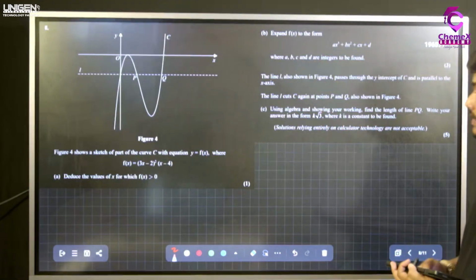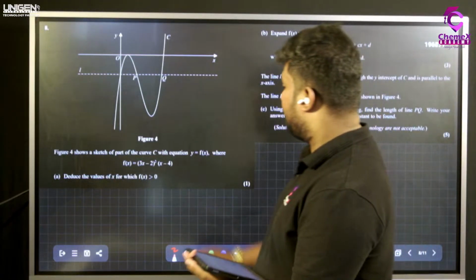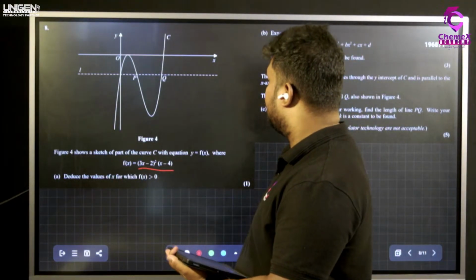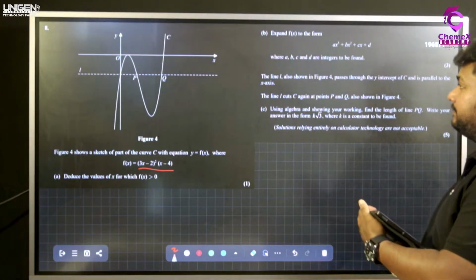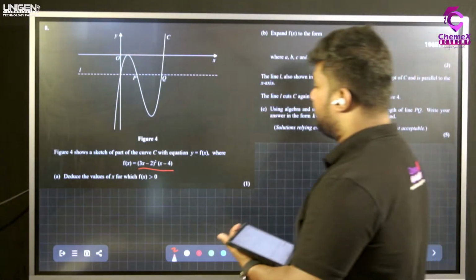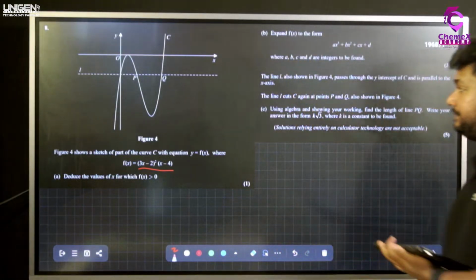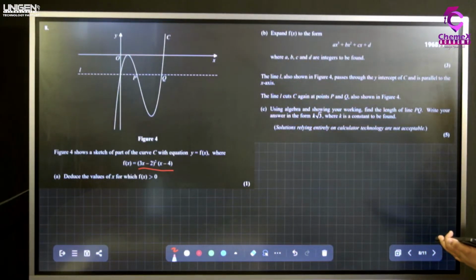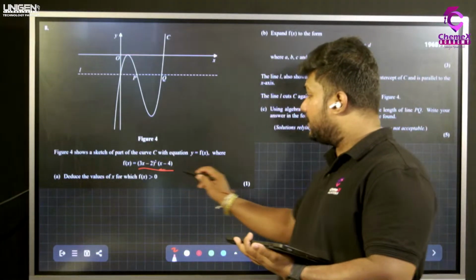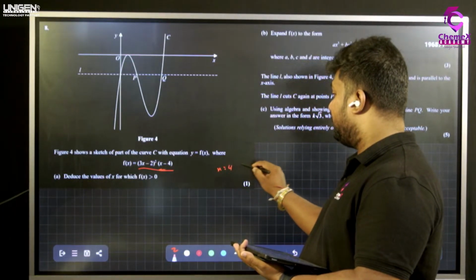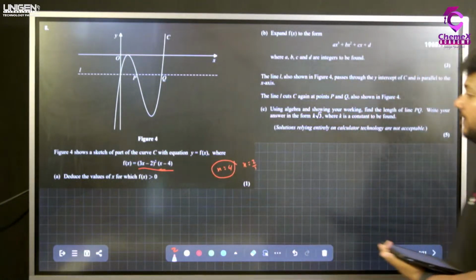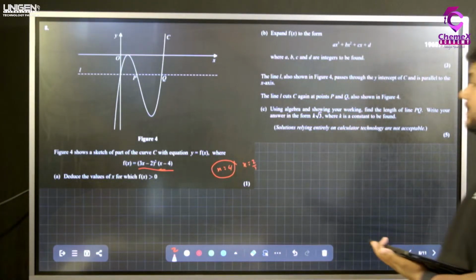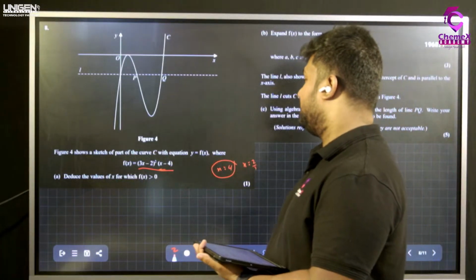This question. They are asking for the range of values of x for which this holds. So what is the x value where there are two solutions? So you get two answers now. You equal it to 0. X equals 4, x equals 2 over 3. So which value can you take?